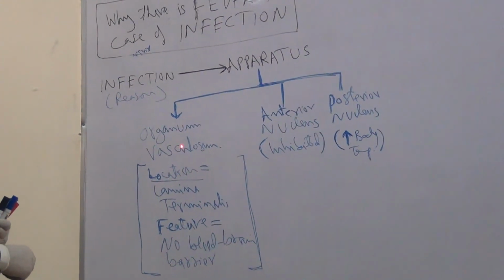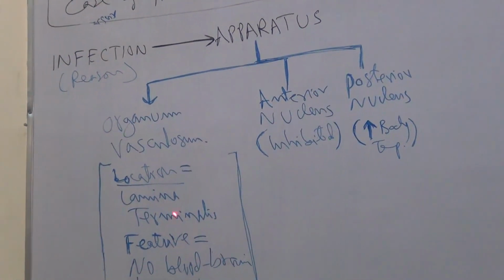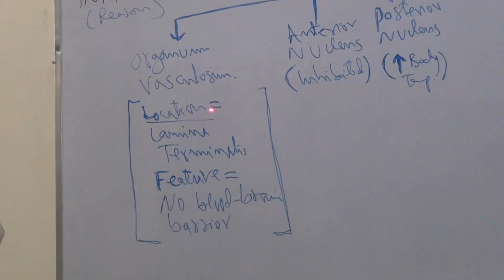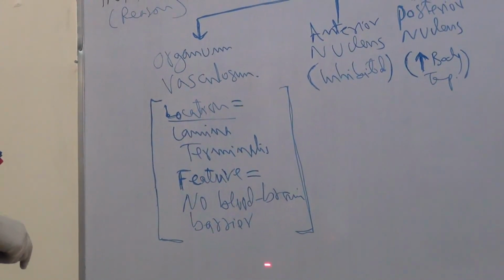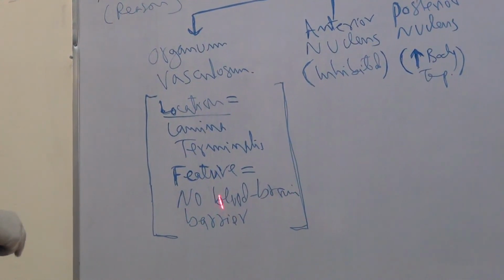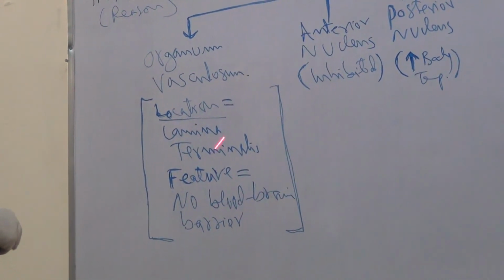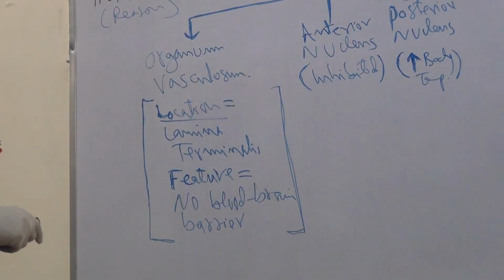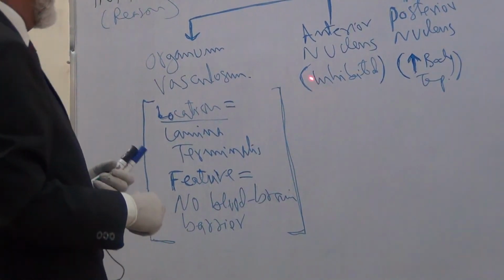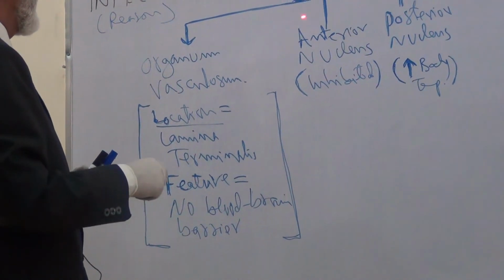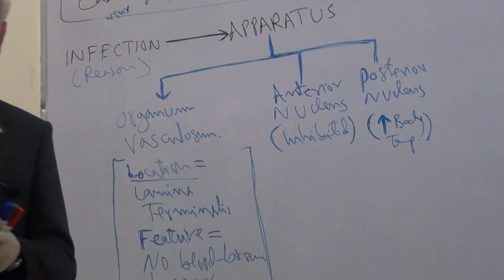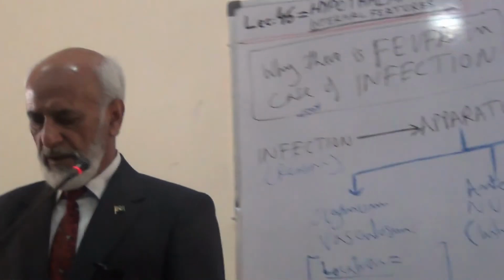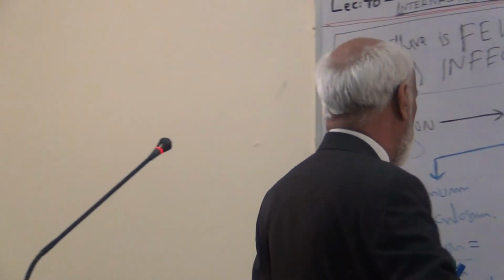And organum vasculosum has a special feature that there is no blood-brain barrier. Therefore, toxins easily cross it to enter the nervous tissue, that is the hypothalamus, which is part of the anterior nucleus. These were the apparatuses involved in fever.